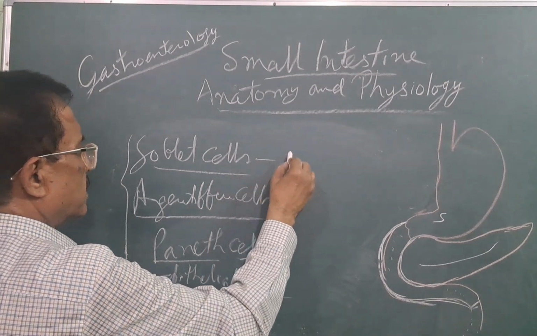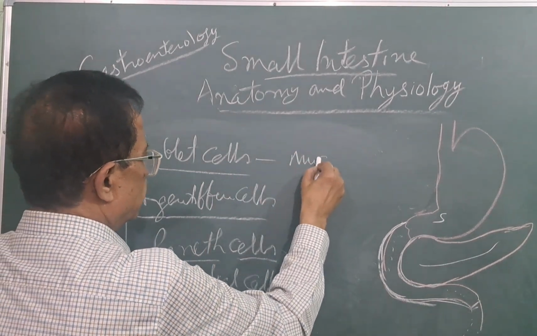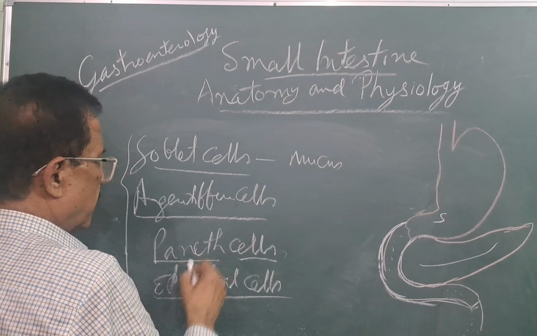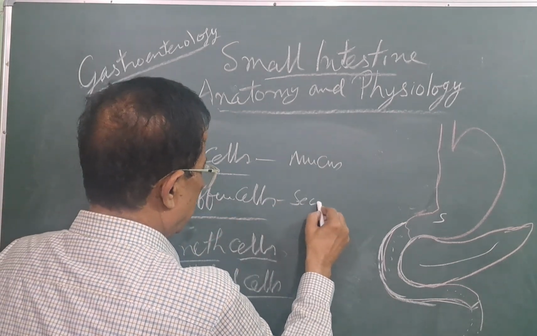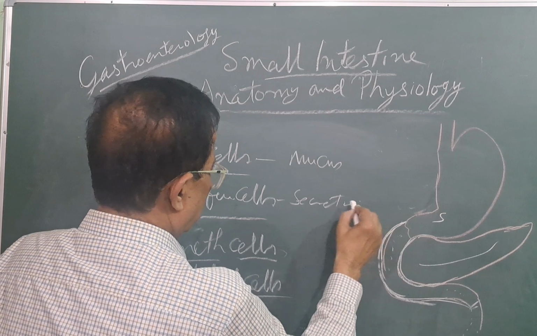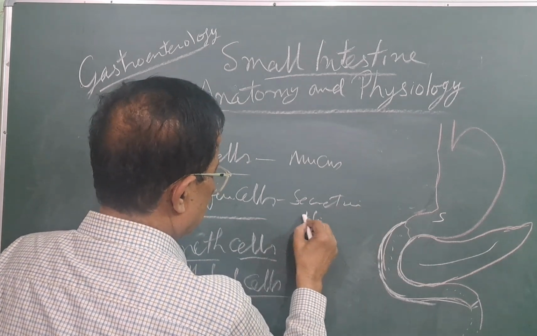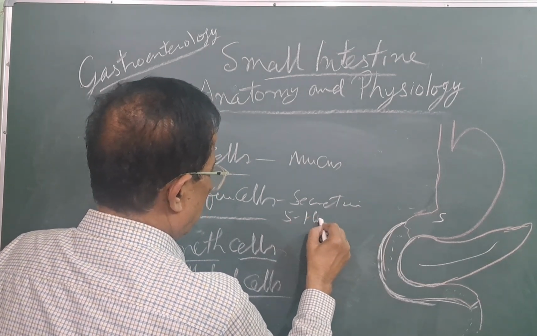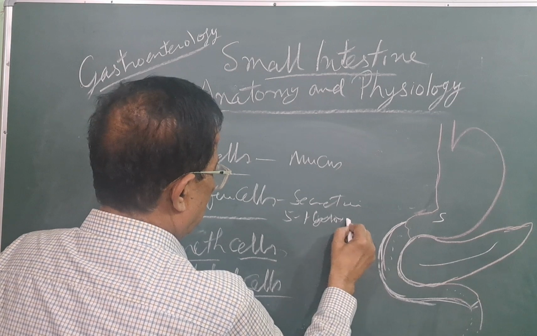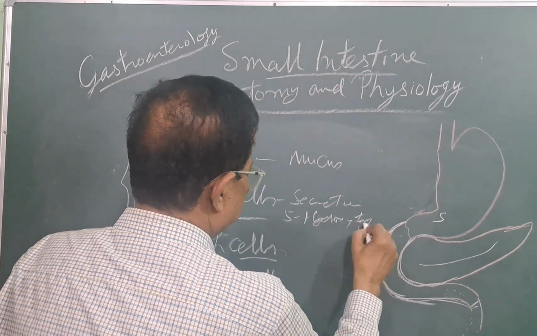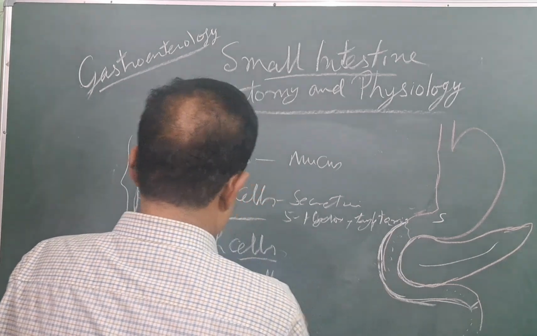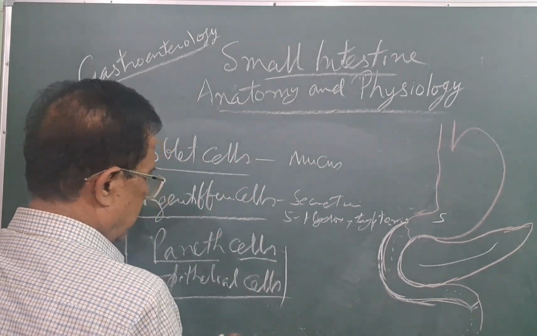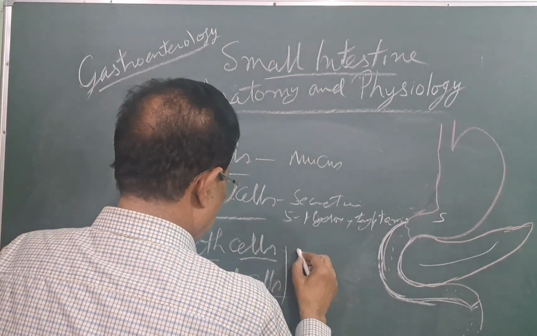These goblet cells secrete mucus. Argentaffin cells secrete secretin, histamine and 5-hydroxytryptamine. Paneth cells and epithelial cells secrete enzymes.